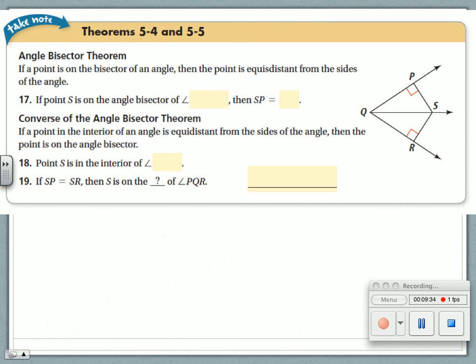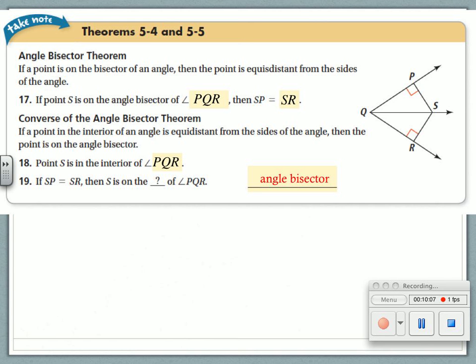So if point S is on the angle bisector of PQR, then SP equals SR. The converse of the angle bisector theorem: if a point in the interior of an angle is equidistant from the sides of the angle, then the point is on the angle bisector. Point S is in the interior of angle PQR, so SP equals SR, and S is on the angle bisector of PQR.